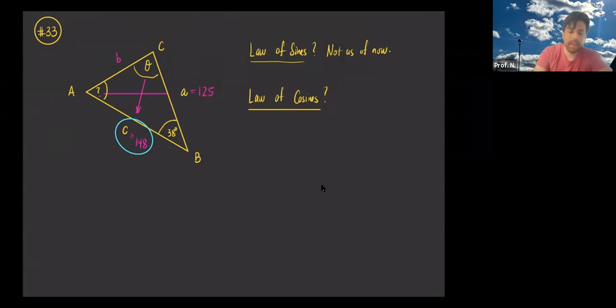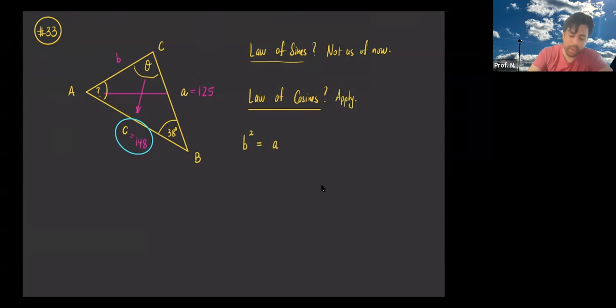Okay, so let's apply the law of cosines. And the law of cosines goes as follows. We got b squared, right? Remember, we have three versions of this. So b squared equals, and then we have the sides that aren't opposite the angle.